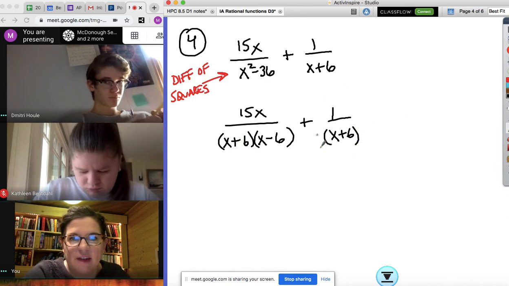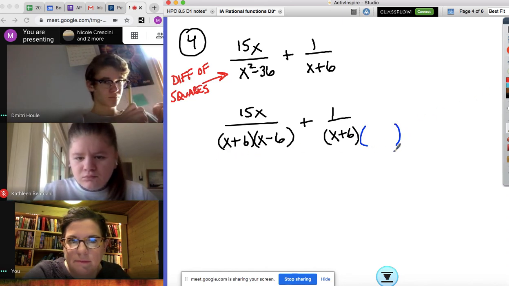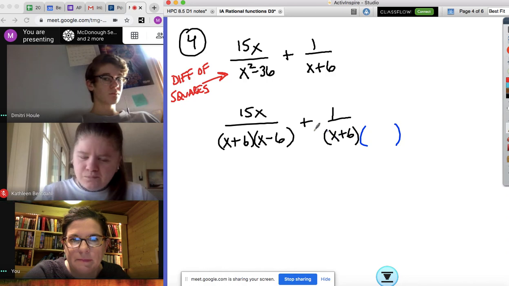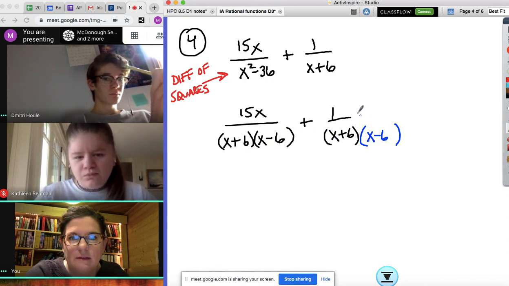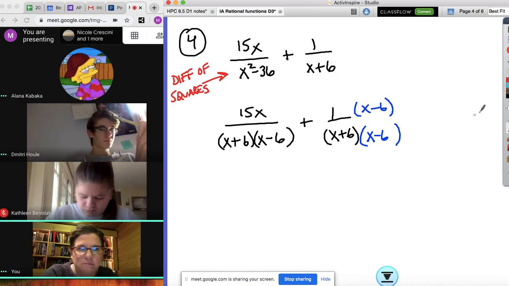So what's this fraction missing? What do we need to multiply it by so that it has the same denominator? They both have an x plus 6. This one has an x minus 6. That, x minus 6. Yep, so that's what you need to do on the top and the bottom.